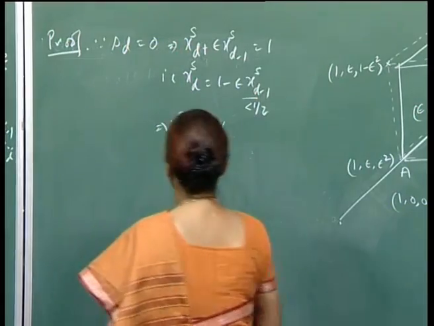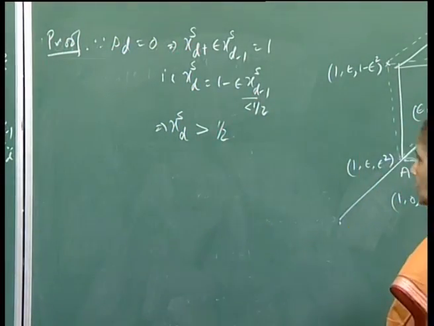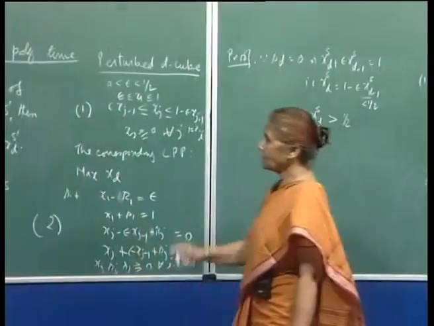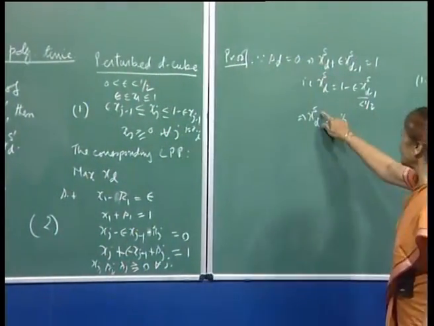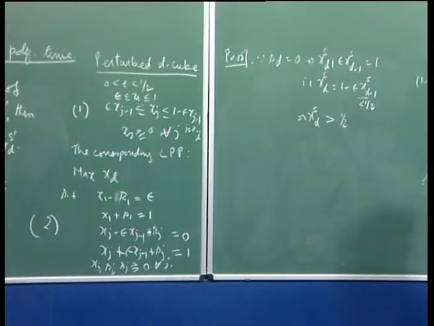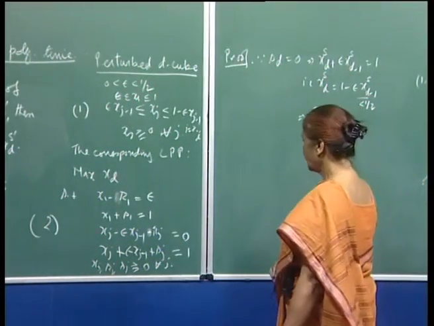I should continue writing this, otherwise it will be confusing. So, I have shown you that the value of XSd, when d is present in the corresponding set S, is going to be greater than half. Then I want to show that this value is greater than XS prime d.